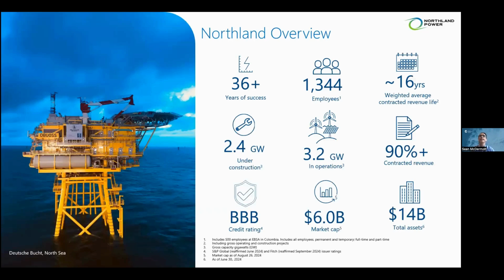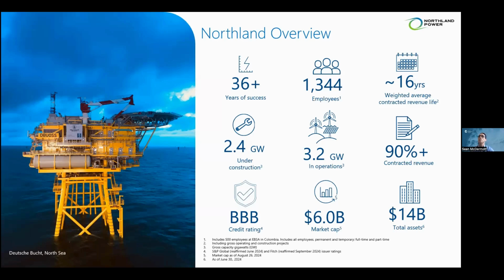So quickly, as well, Northland Power, we are a Canadian-based independent power producer with assets across the world. We have just over 1,300 employees right now, with onshore wind, solar, offshore wind, thermal, and batteries and transmission operations in multiple locations.